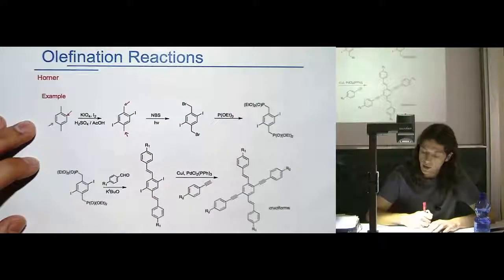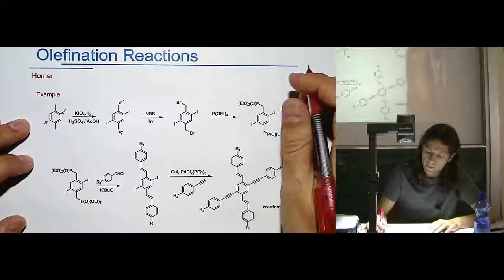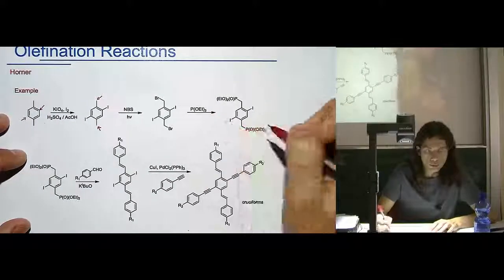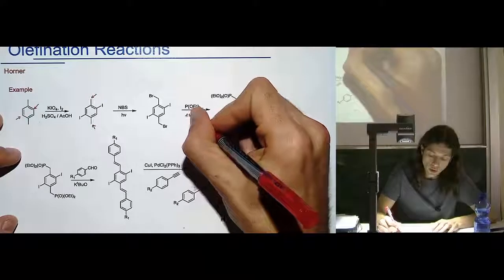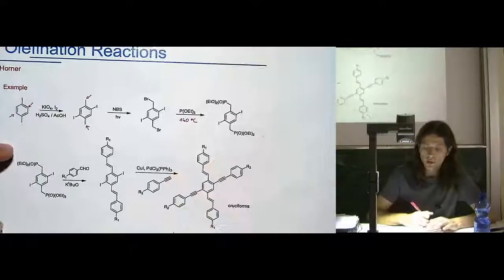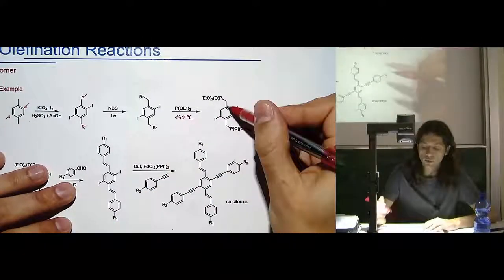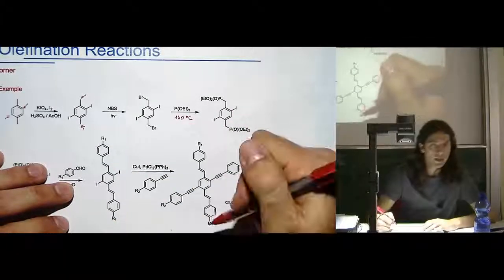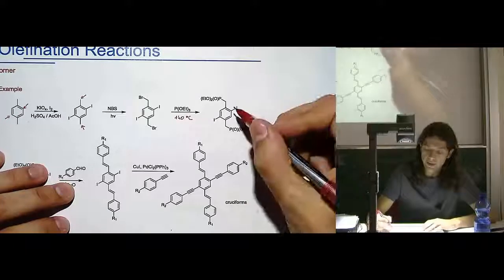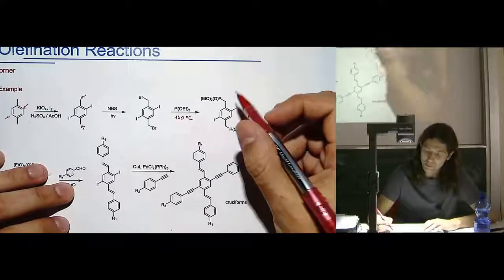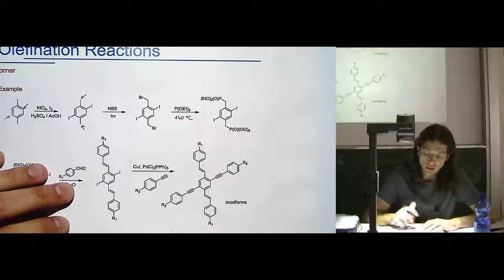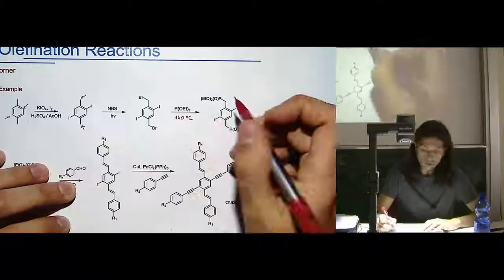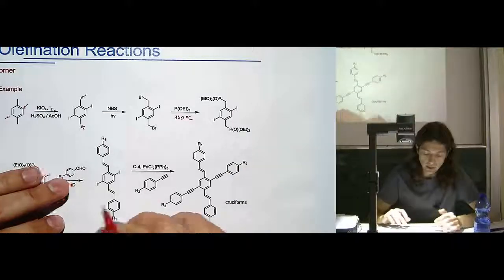A very nice reaction. Then formation of the phosphonate, Arbuzov conditions, so 140 degrees, and quantitatively it's possible to obtain this phosphonate. And as I said before, by pumping out the excess of triethyl phosphite, we can get a clean final product.